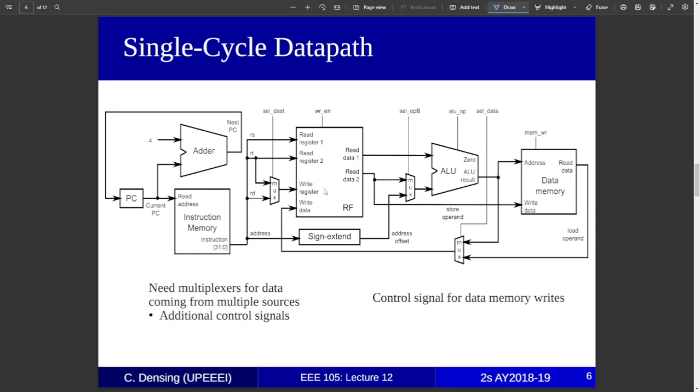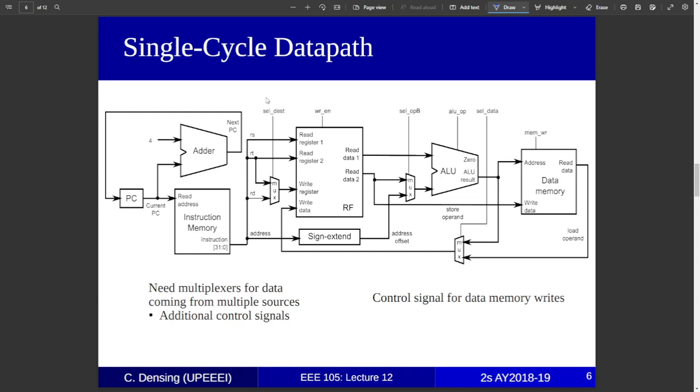For the write register input of this guy, for the R-type instructions, we needed RD to be put in it. But for the load and store instructions, we had RT to be put in it. So in order to solve that, we're going to put a multiplexer that has to choose whether to put RT or RD into write register.